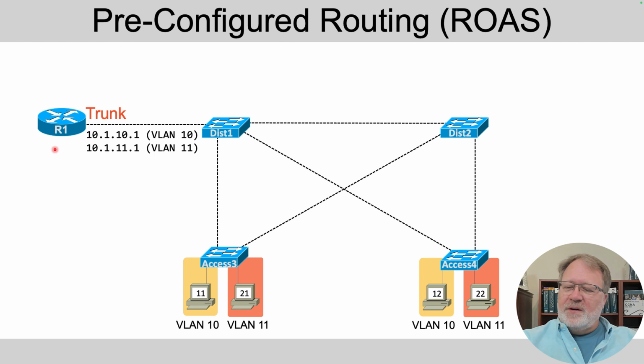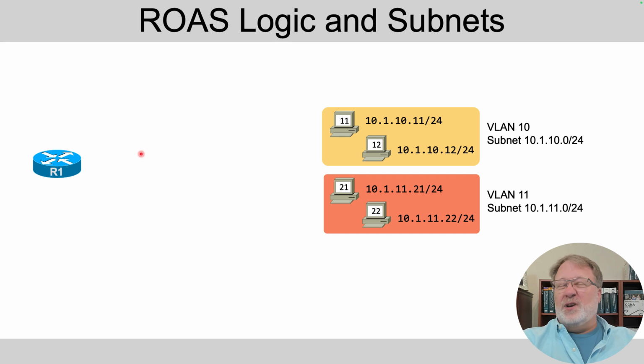So this router has an IP address in two different subnets, which are connected to the underlying two different VLANs, 10 and 11 in this case. From an IP perspective, layer 3 perspective, you get something more like this, with PCs 11 and 12 in one subnet, 21 and 22 in a second subnet, and router R1 does the routing for those.